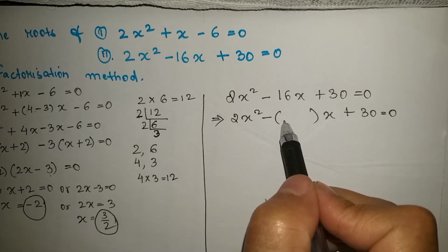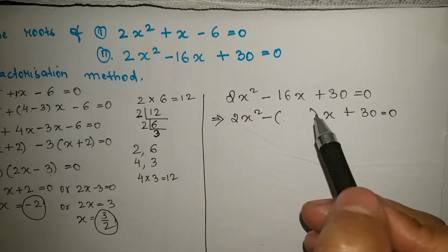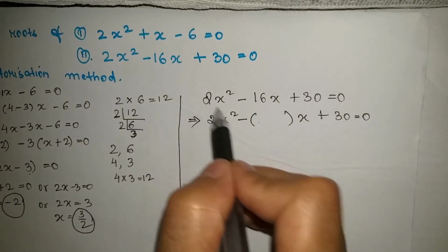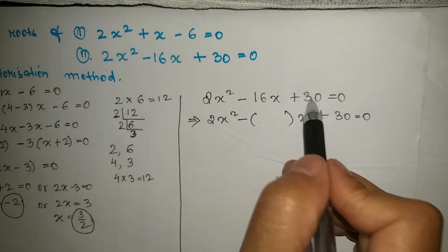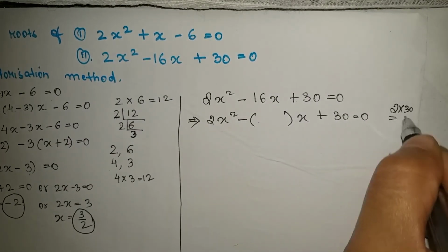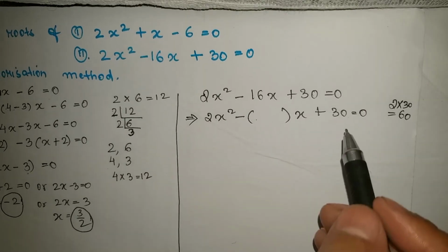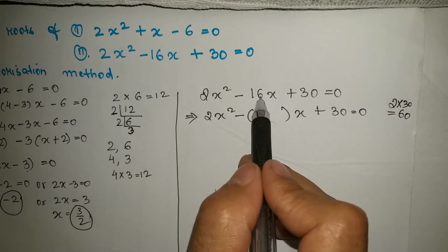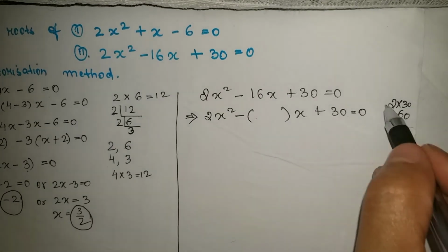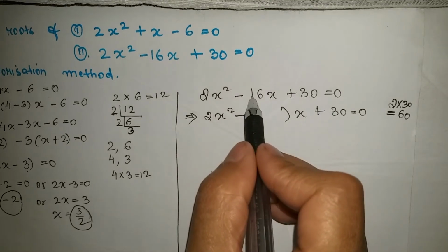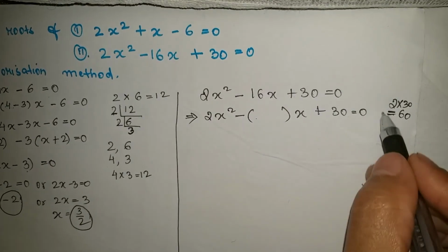Here I have to find two numbers in such a way that if I multiply the two numbers, it should give me 2 into 30, which is 60. And if I add or subtract the two numbers, I should get 16. Remember, if I add or subtract, I should get 16.